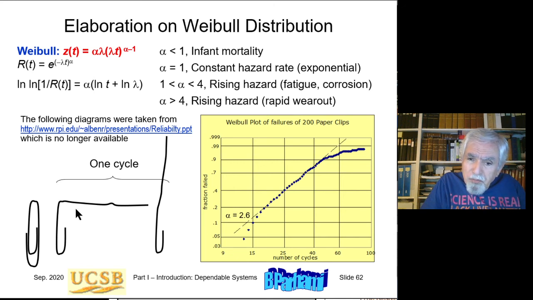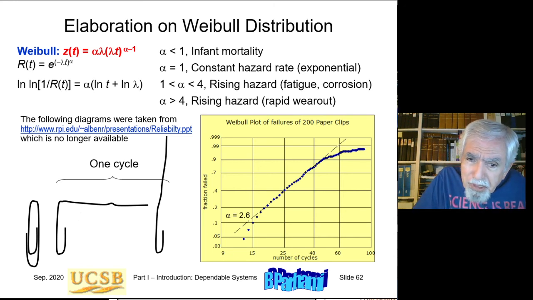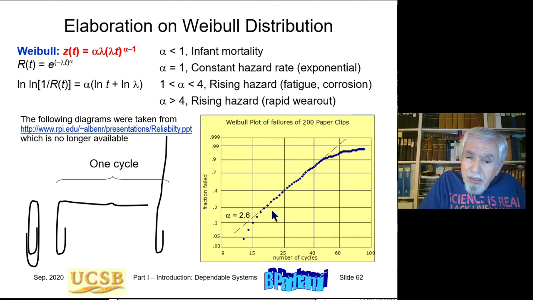And if you put maybe 100 people to work doing this on different paper clips, the number of cycles, the number of times that they straighten and bend the paper clip before it breaks, will show a distribution such as this one.